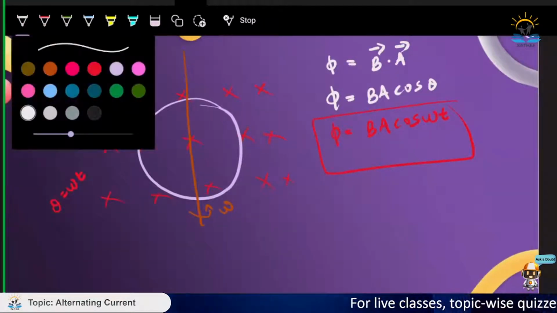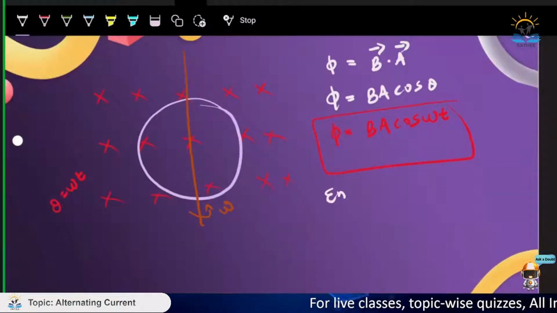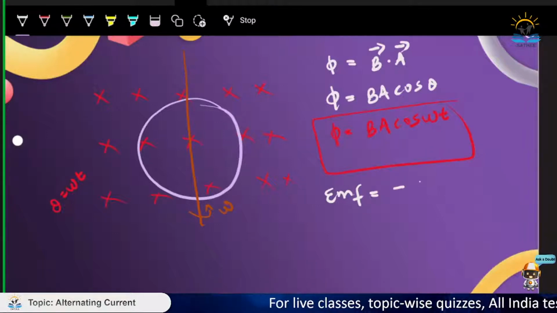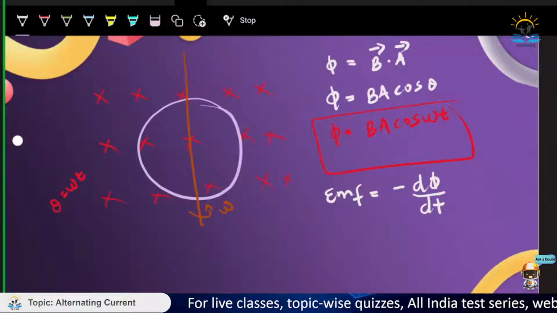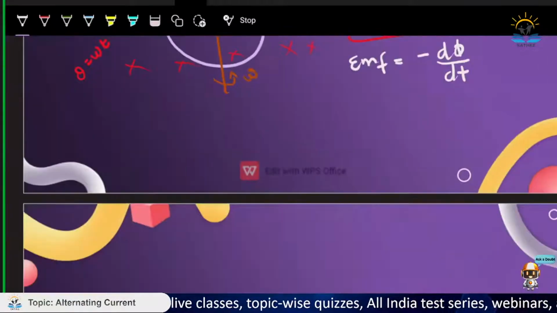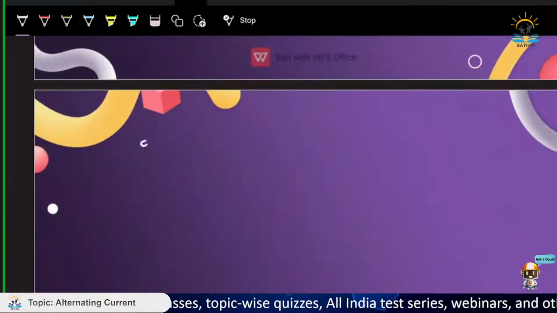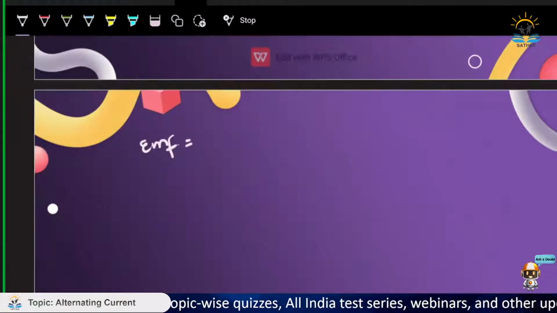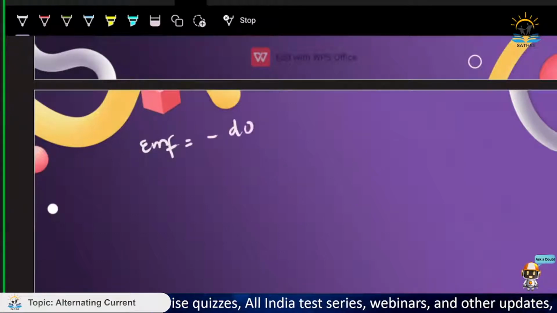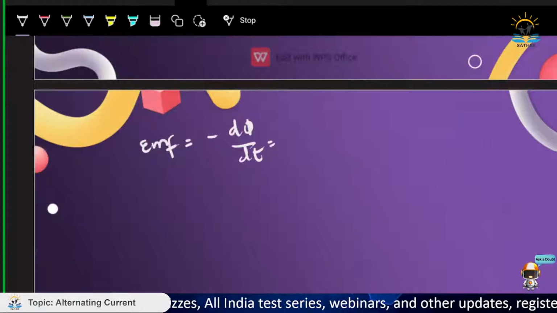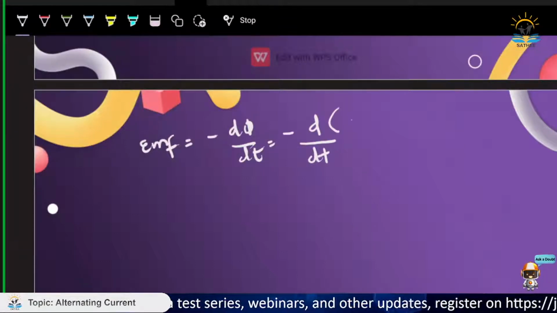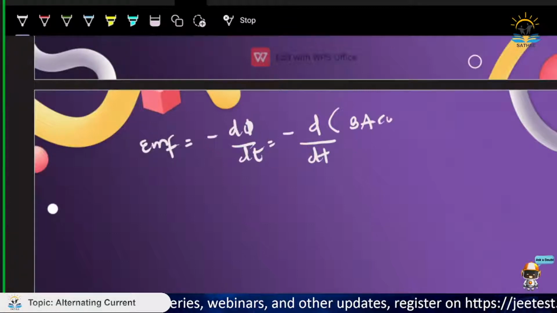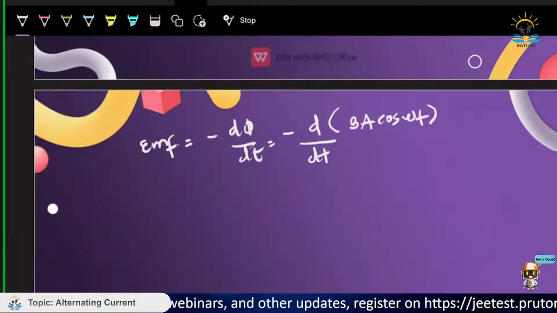And we know that EMF is minus d phi by dt. So we just differentiate phi, then we will get EMF. EMF will be minus d by dt of B A cos omega t.